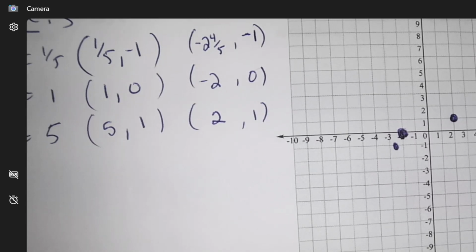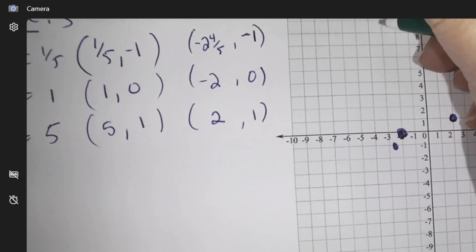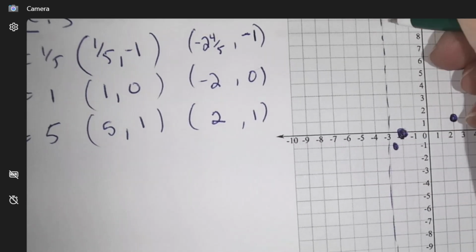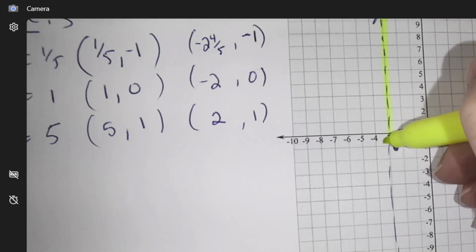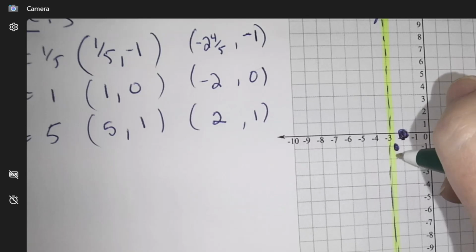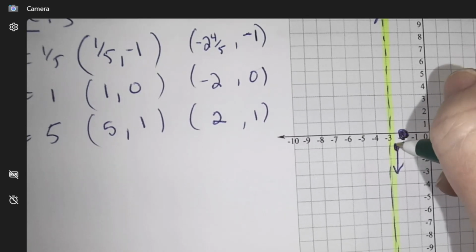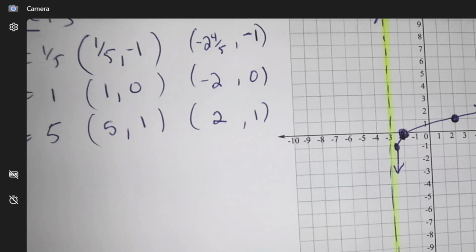They're vertical. So usually at 0, but we have done what to it? We shifted left. So there is my asymptote. And what does your shape look like? There you go.